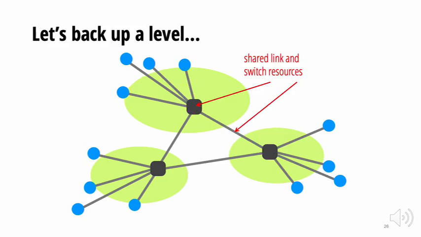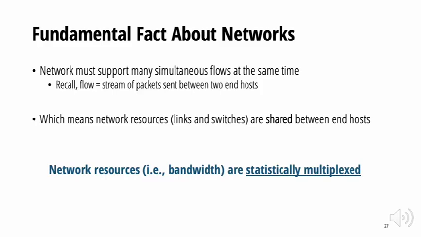What I mean by that is they're sharing these links and switch resources. And in particular, when we talk about sharing, we tend to talk about sharing a link or sharing the bandwidth on that link.